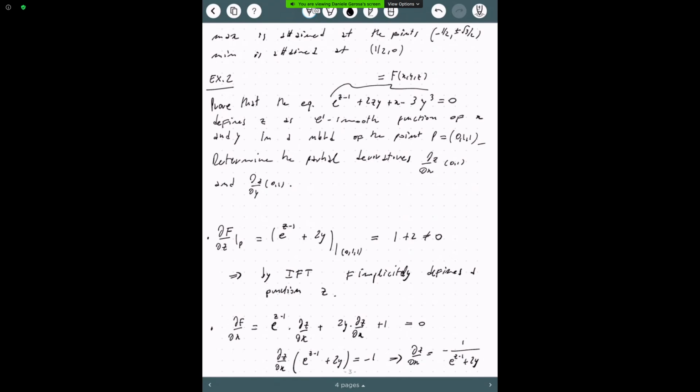When you prove that this function f defines implicitly a function z, you are also implicitly saying that this z function must fulfill the condition z of (0, 1) equal to 1, because this is how we want it, right? Yeah, it makes sense.